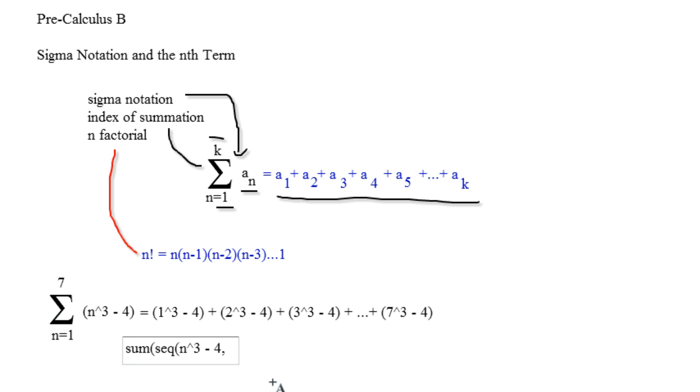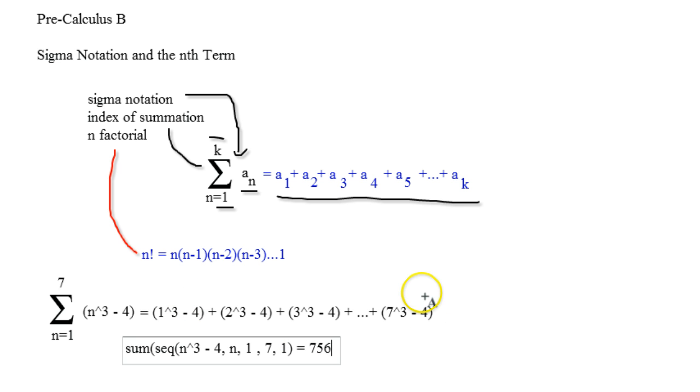So you have your formula, then the n, that's your variable. Your starting value is going to be 1, you go up to 7, and you do it by 1 step each. You plug that into your calculator, and if I use my calculator real fast, I can tell you that's going to be 756.